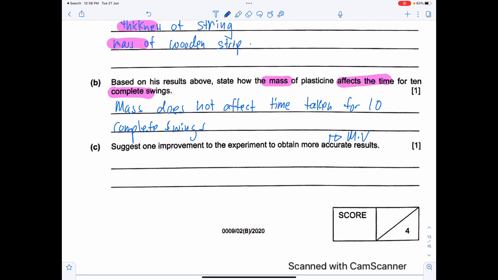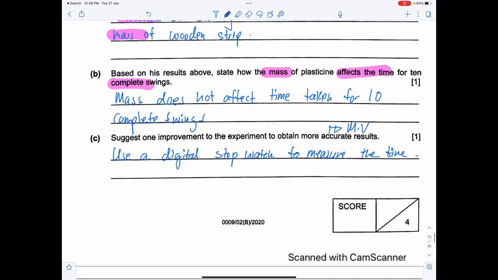So this one, you can say that use a digital stopwatch to measure the time. Alright, accuracy. If it's reliability, then you repeat the experiment at least 3 times and take the average. Okay?